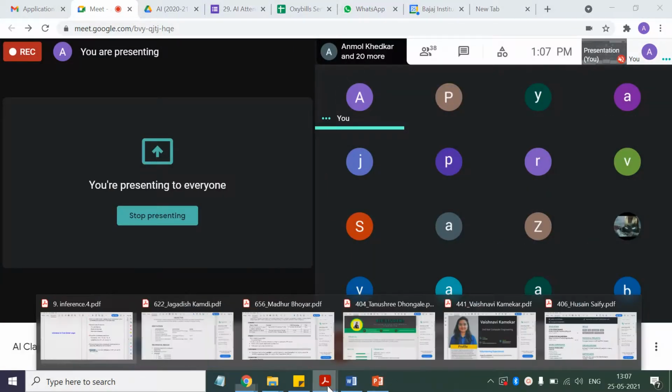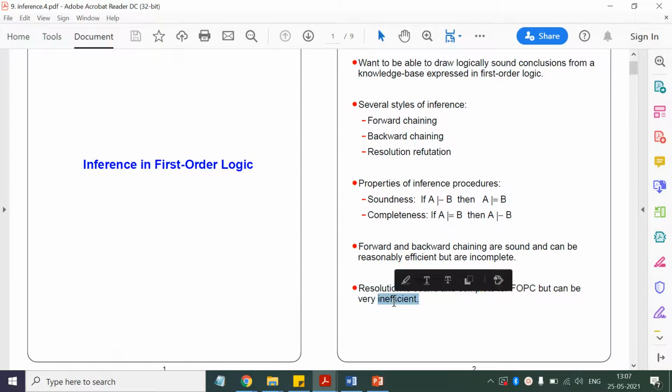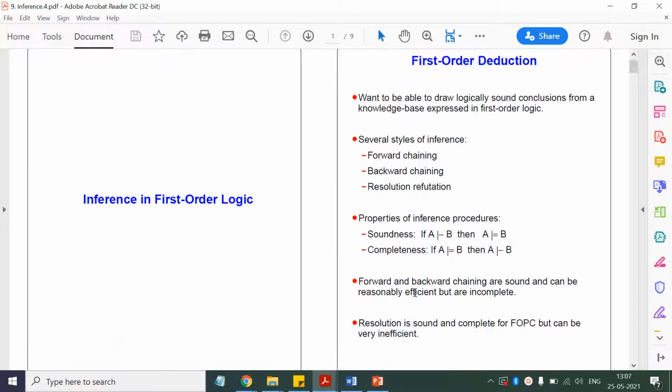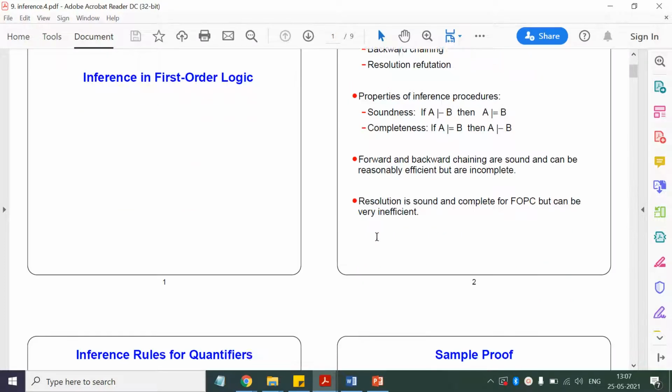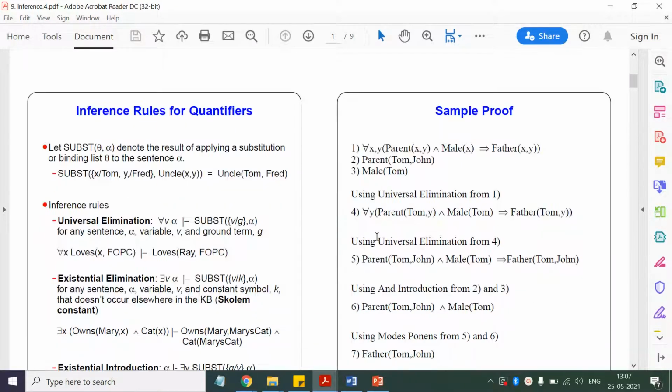Okay, that's why it becomes very inefficient. So we are going to focus on these three techniques, and then we will discuss soundness and completeness of those techniques. Now before studying those three techniques, we have one simple inference technique.